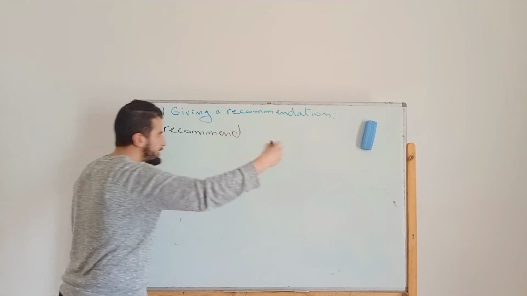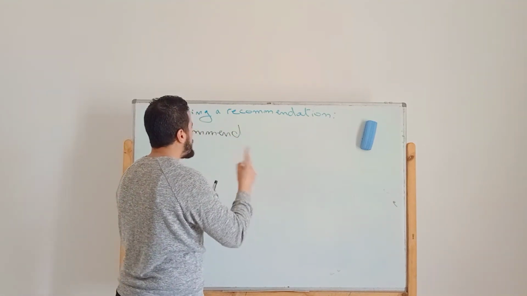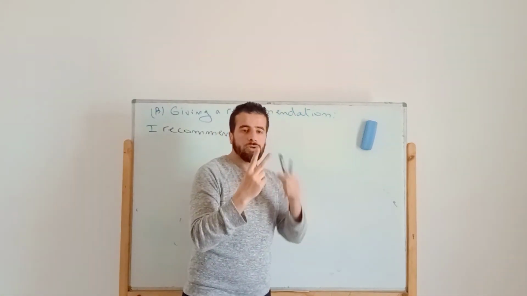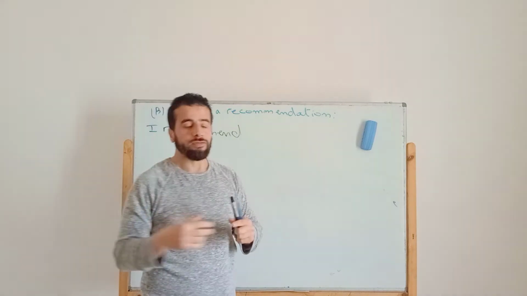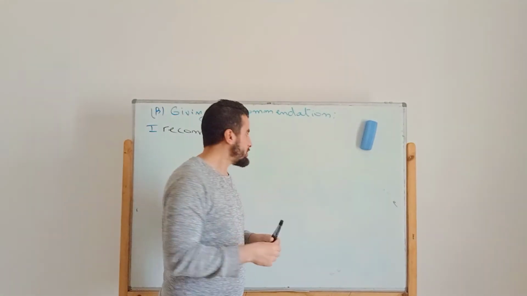I recommend. Alright, so here I will explain the two rules that you're going to do. You have two options. As I said for should and ought to when giving advice, here also we have two options.